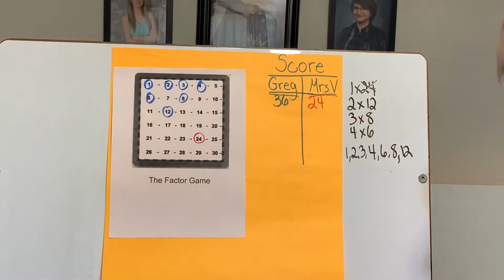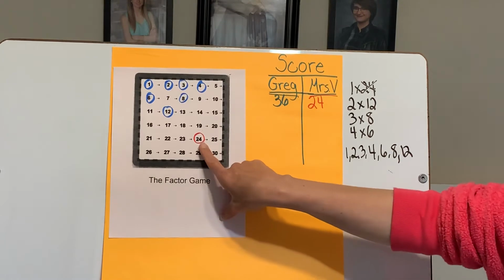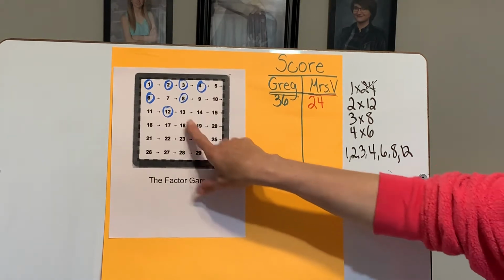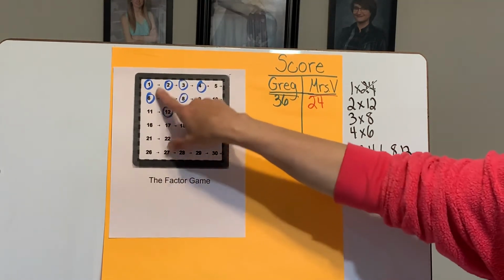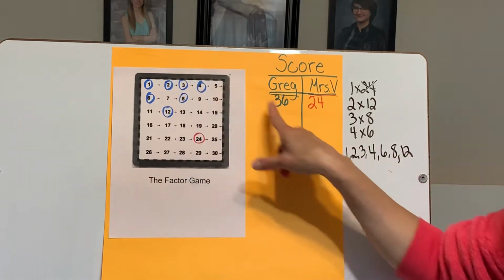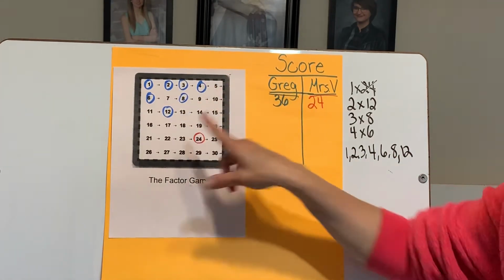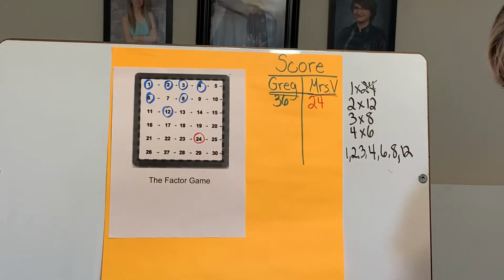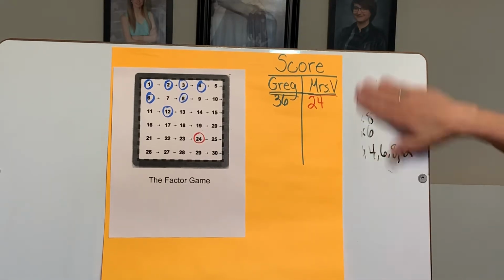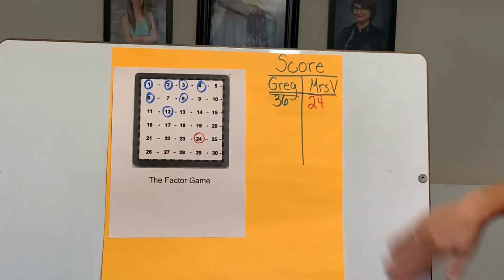So now, since I went ahead and circled first, then Greg found all of the proper factors. He circled those, added it up in order to get his score. Now it's his turn to choose a number, and then I have to find the factors, just like I did over here for Greg, of that number.